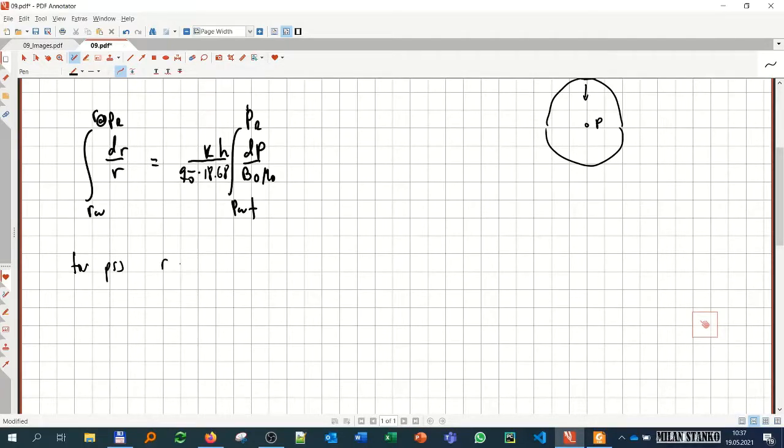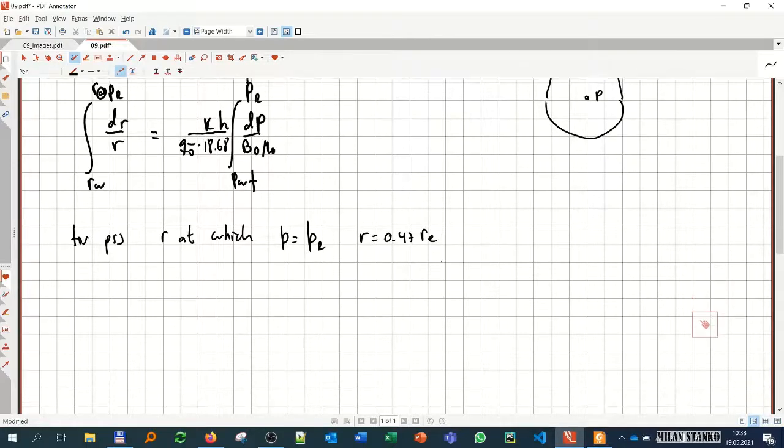For pseudo steady state, the radius at which I find pressure equal to reservoir pressure is going to be at 0.47 RE. If you remember, for steady state it was 0.61. So it's a significant difference, 0.47. And that causes the ln of 0.47 RE divided by RW to be equal to ln of RE divided by RW minus 0.75.